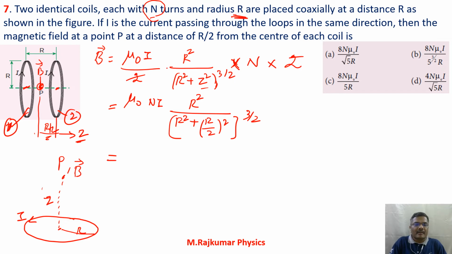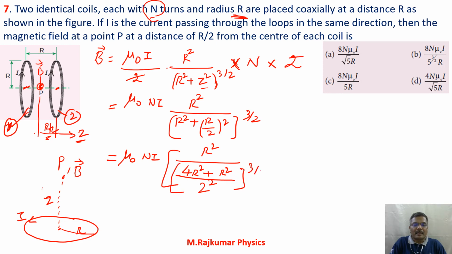So here we can simplify like this. r square plus r by 2 whole square will become r square plus r square by 4, so instead of 4 I write 2 square, and this becomes 4r square plus r square, whole power 3 by 2.